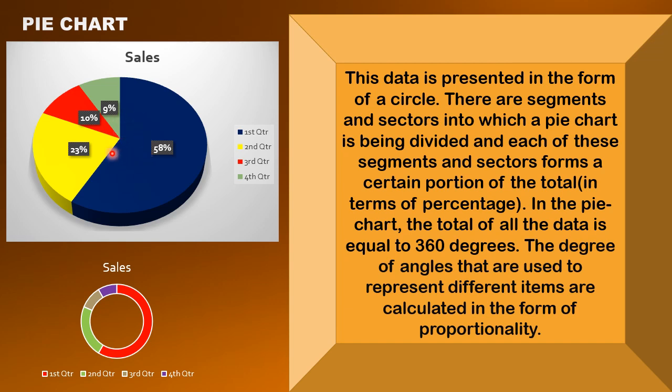In the pie chart, the total of all the data is equal to 360 degrees. The degrees of angles used to represent different items are calculated in the form of proportionality. Here you can find the normal pie chart in 3D form, and here the donut shaped pie chart, which is also constituted in 360 degrees only.